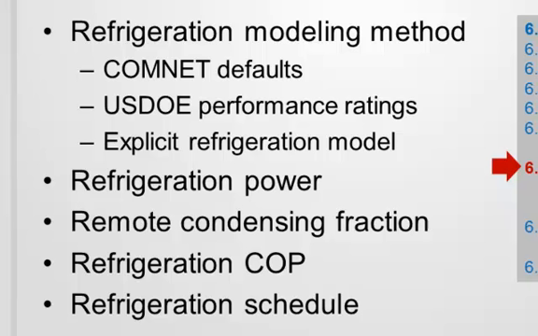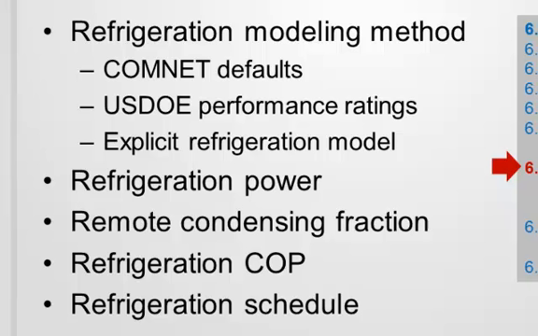The first method is simply to use the COMNET default values, which are expressed in Appendix B as watts per square foot numbers. The second method, which is similar to method 2 with receptacle loads, if you know what type of equipment you've got in the space, then you can base your estimate of refrigeration power on a count of different types of refrigeration equipment.